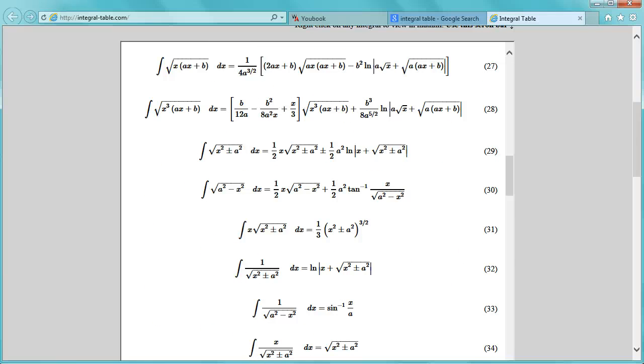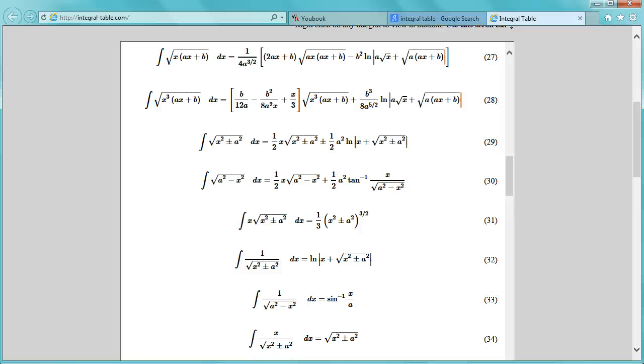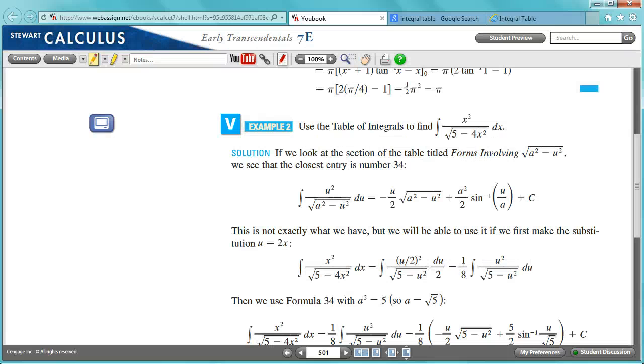Is it? Yeah, there's something like this, a squared minus x squared, or 1 over a squared minus x squared. So either formula number 30 or number 33 or 34, compare those with your problem, and then get your answer, and it'll turn out to be an arc sine.